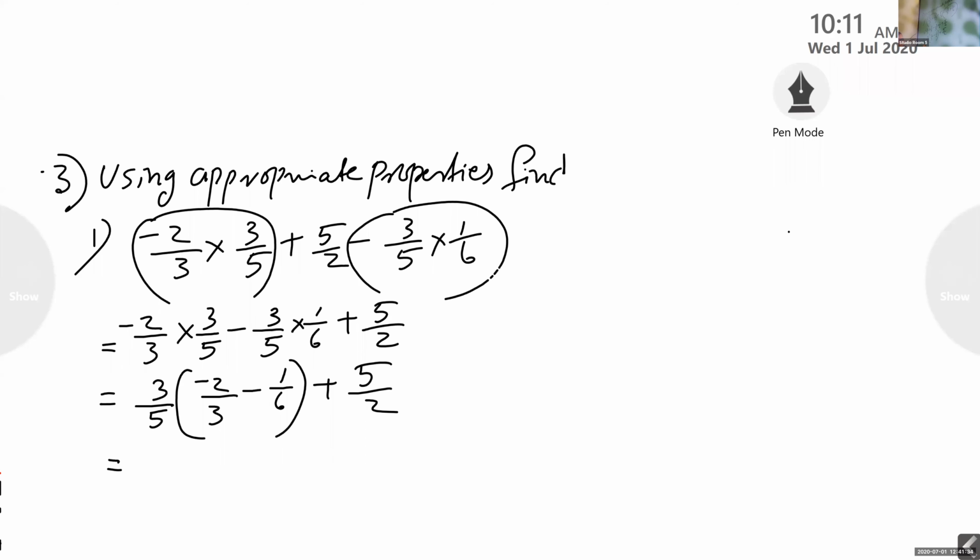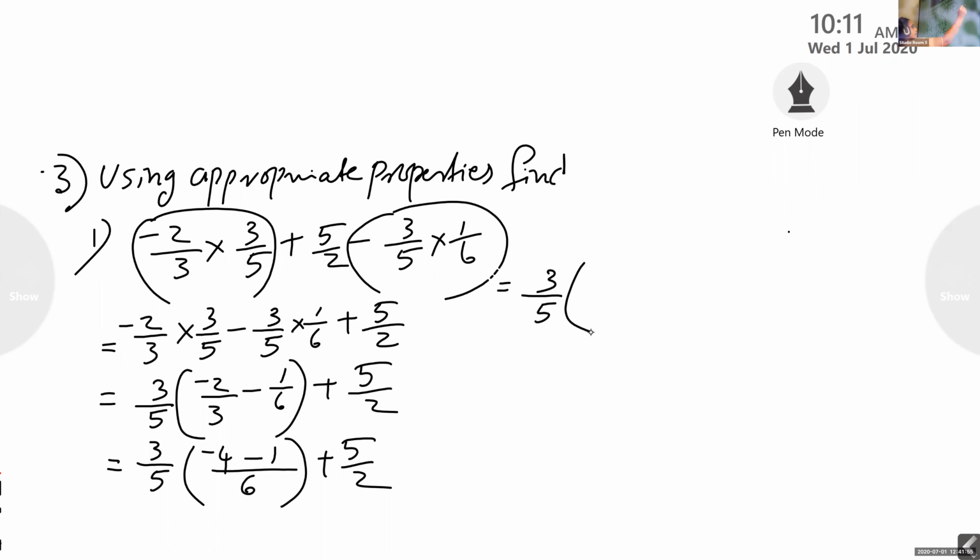Which is equal to 3 by 5 into, here we are doing the calculation, LCM is 6. So, negative 4 minus 1 by 6 plus 5 by 2. Which is equal to 3 by 5 into negative 5 by 6 plus 5 by 2.